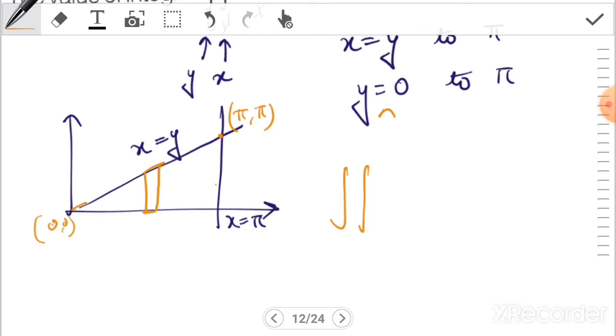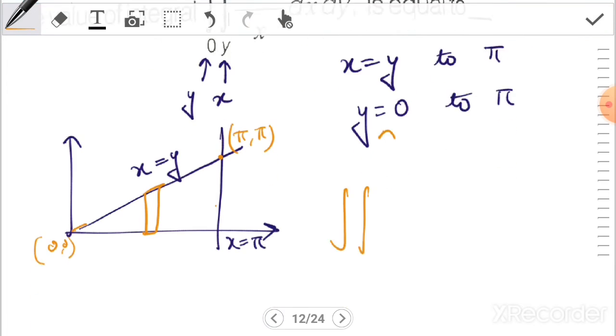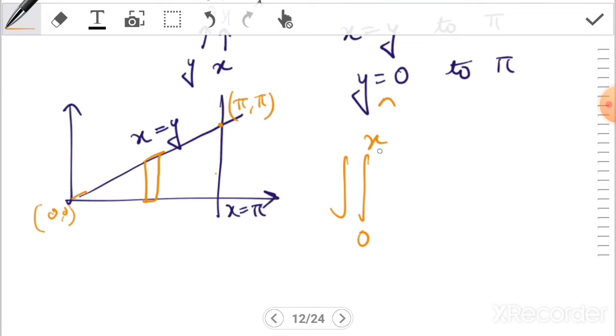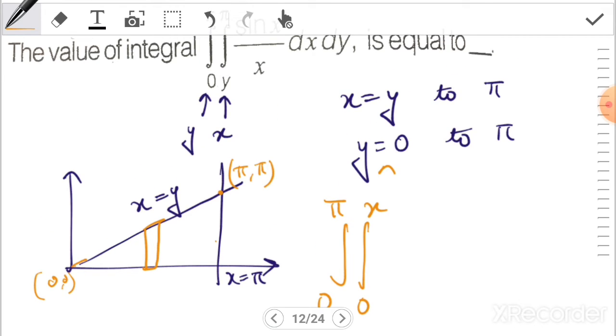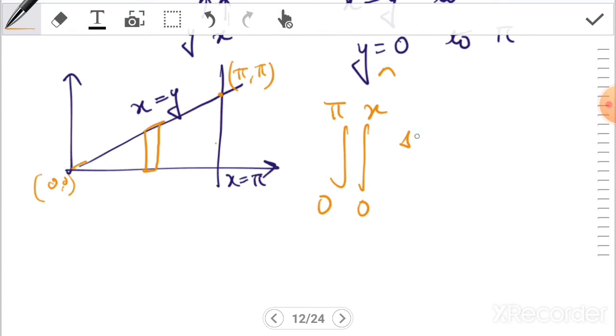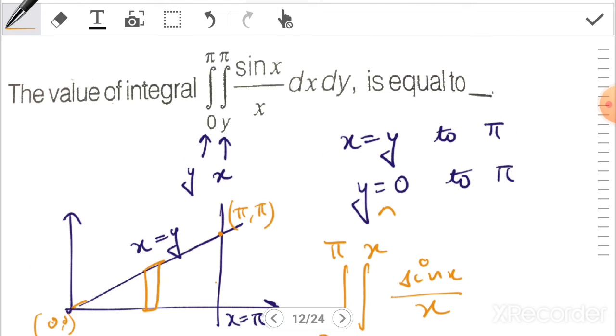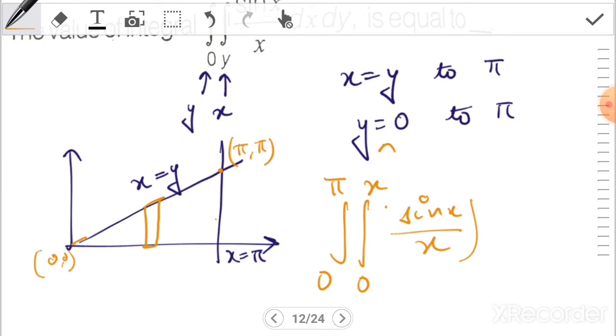So this is nothing but 0 to pi, 0 to x, sin x by x dy and dx.